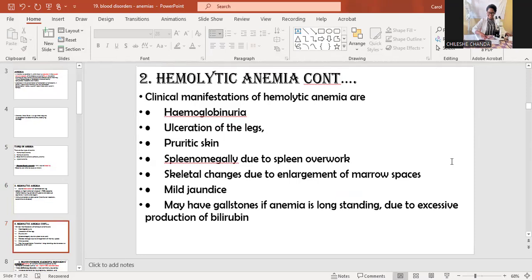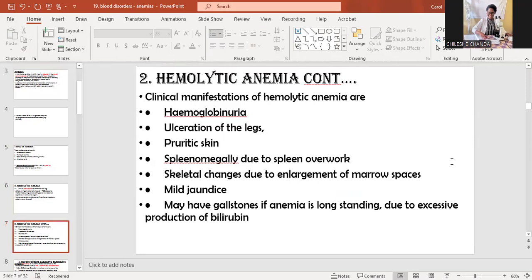Now, bilirubin is supposed to be conjugated by the liver, okay? Once there is too much bilirubin, it means that there is going to be an overwhelming amount of bilirubin in the body. And so the liver is going to be unable to conjugate it. Conjugation simply means addition of some sugar molecules and making this bilirubin soluble enough, okay, to be excreted from the body.